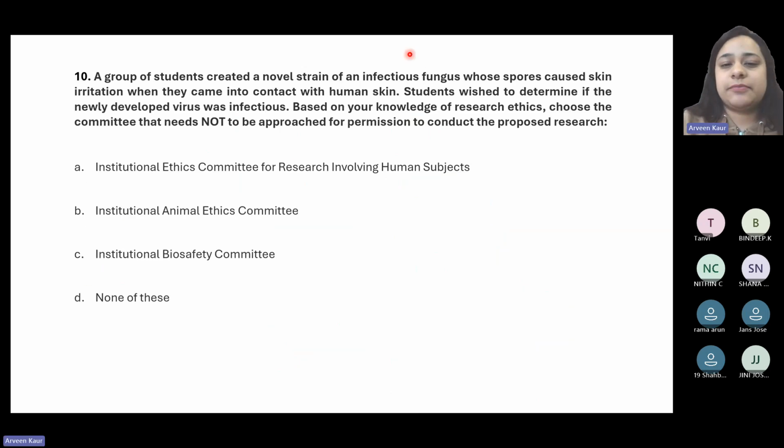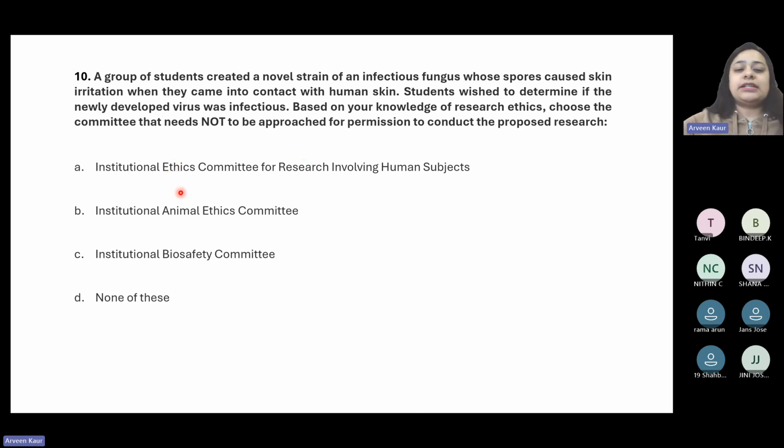So we come to question number 10, which says a group of students created a novel strain of an infectious fungus whose spores caused skin irritation when they came into contact with human skin. Students wish to determine if the newly developed fungus was infectious. Based on your knowledge of research ethics, choose the committee that need not be approached for permission to conduct the proposed research.